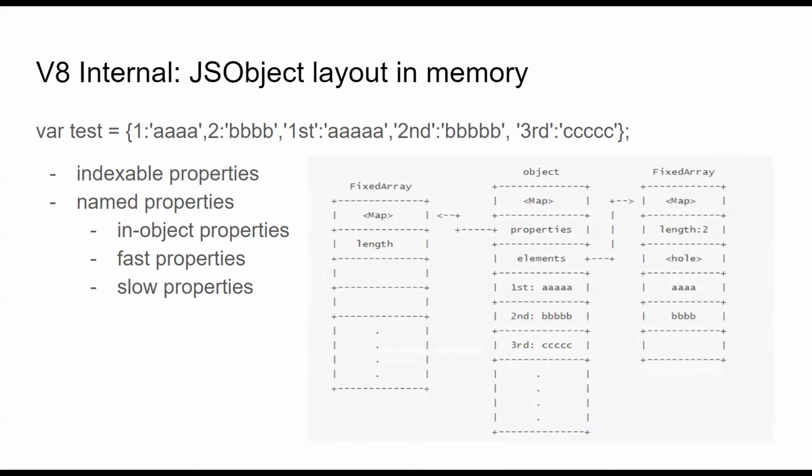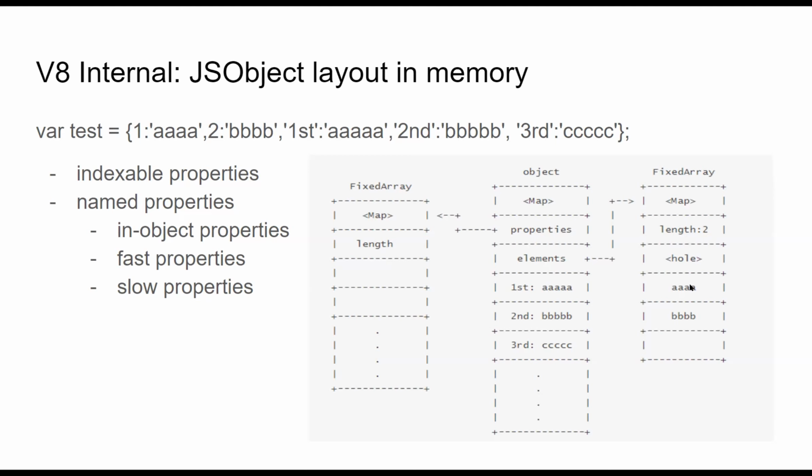Okay, here is a high-level memory layout of the JS objects. In this case, we have the map, which I'm going to cover later. Then properties, which is going to hold the fast properties and slow properties. Then elements is going to hold the indexable properties.